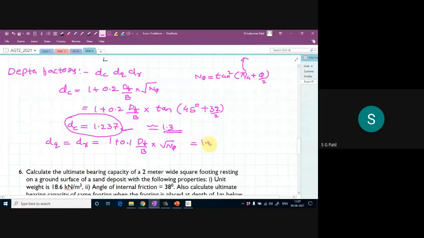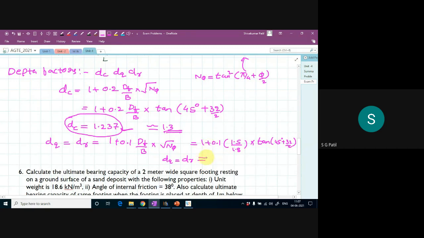So 1 plus 0.1 times Df, that is 1.5, divided by breadth 1.8, into square root of N phi. Square root of N phi is nothing but tan of 45 degree plus 32 by 2. How much are you getting? 1.15. Dq and D gamma are 1.15. Is it correct?